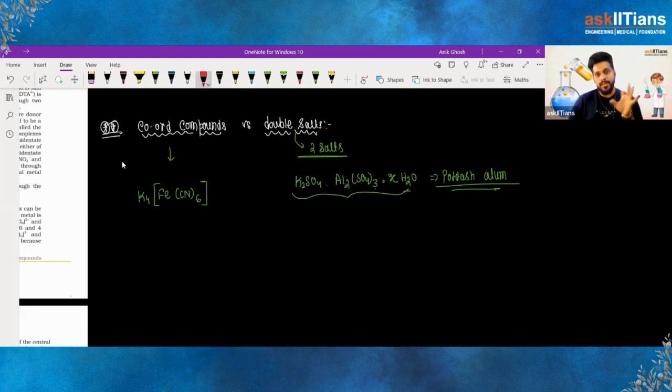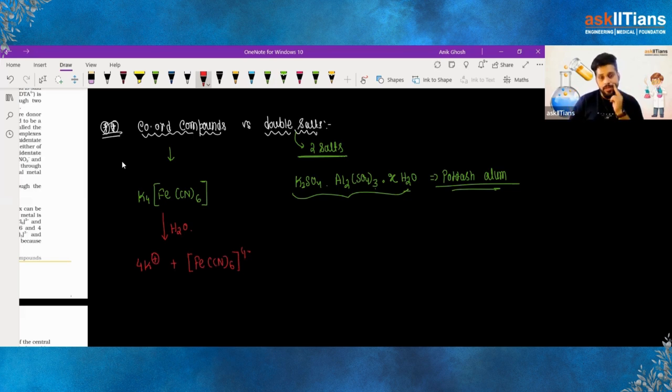So guys, what is the difference between these two compounds? They say that if you hydrolyze, meaning if you dissolve this coordination compound in water, what actually happens is you get the ionic part broken. This is the ionic part, isn't it? While teaching you the formation, I told you this. So the ionic part would be broken because water can break the ionic segments, correct?